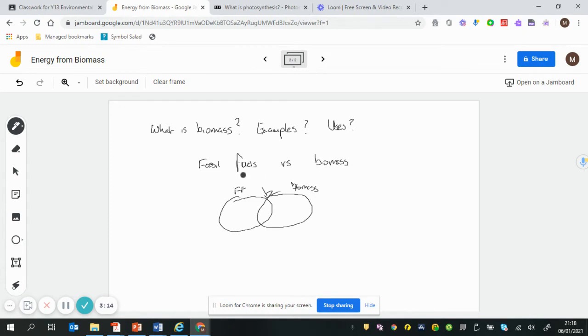But what I want you to look at is the similarities and the differences between fossil fuels and biomass, and I want you to think about them. I'll just say a few rather than write them down. In terms of their formation, right?